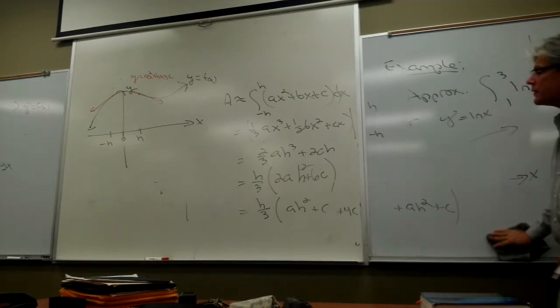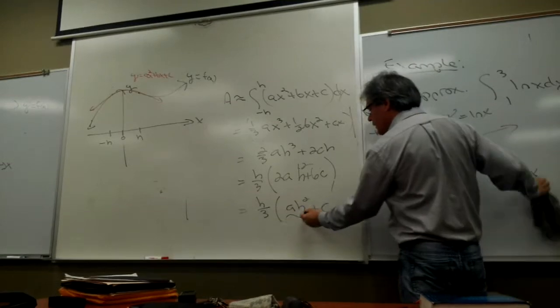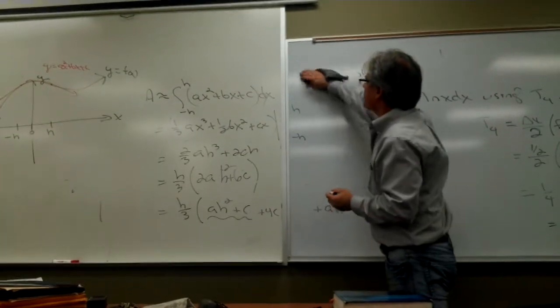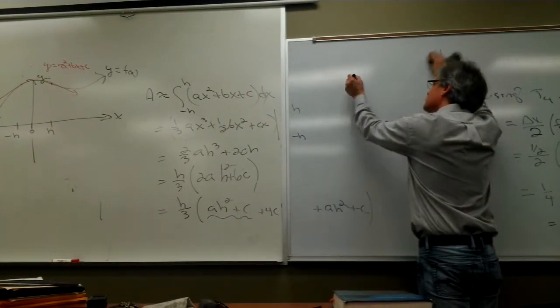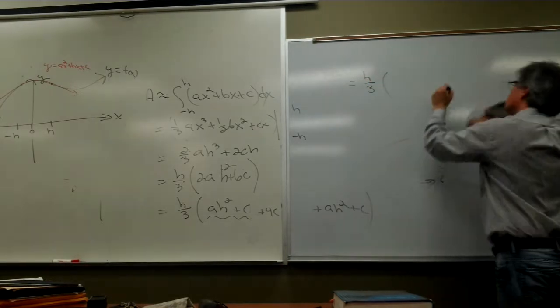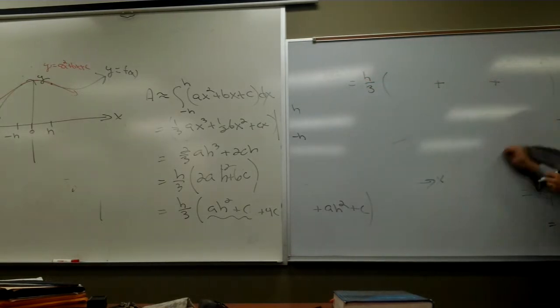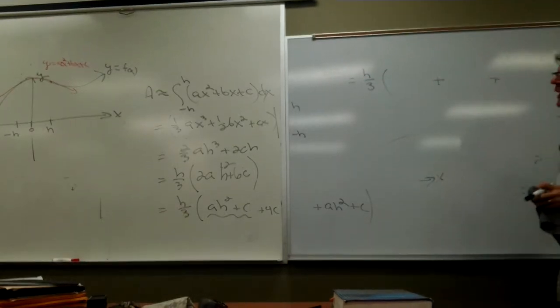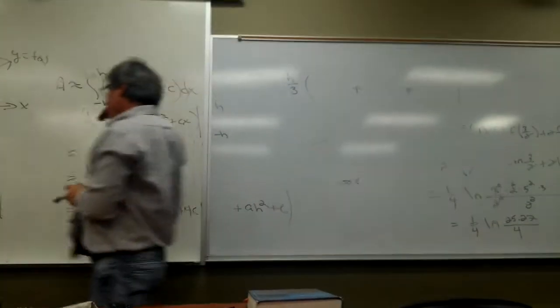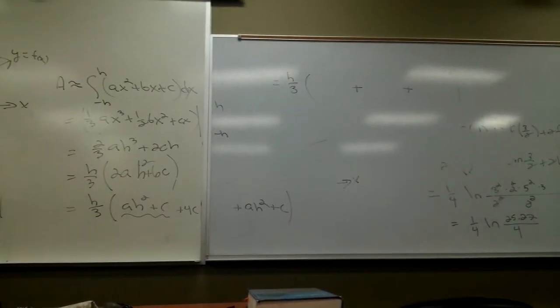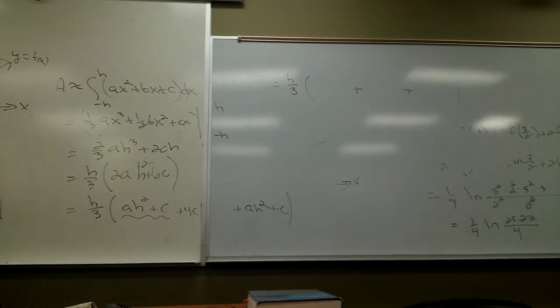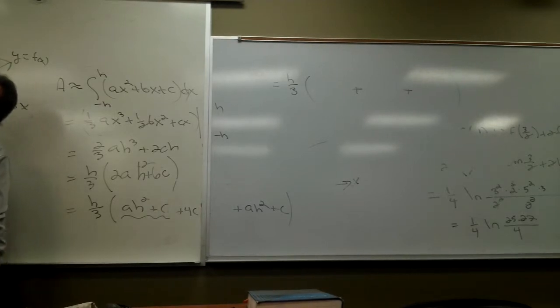Now, I want you guys to take a peek at what's above this squiggly line. Technically speaking, when it comes to h over 3 times ah squared plus c, look at my original function. I think if you were to evaluate this function right here at negative h, you get this.